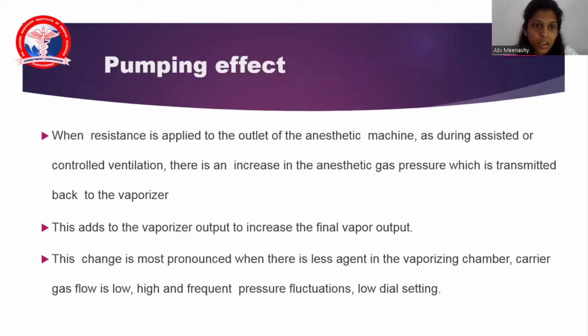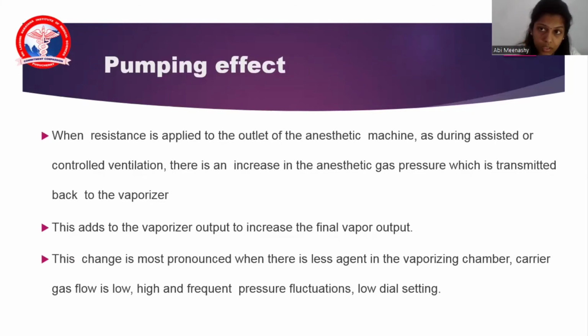Pumping effect: when resistance is applied to the outlet of the anesthetic machine, as during assisted or controlled ventilation, like I told you, when you are ventilating the patient via Ayre's circuit, there is an increase in the anesthetic gas pressure that is transmitted back to the vaporizer.